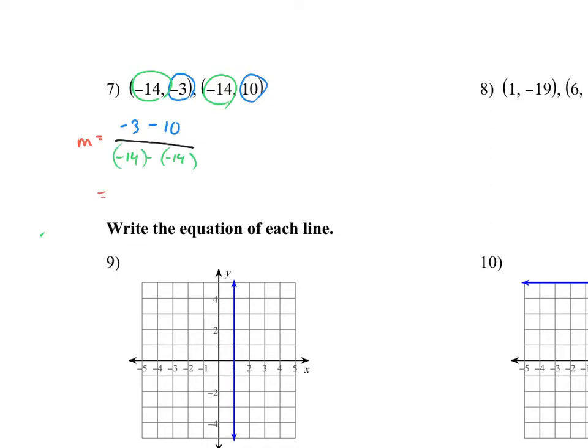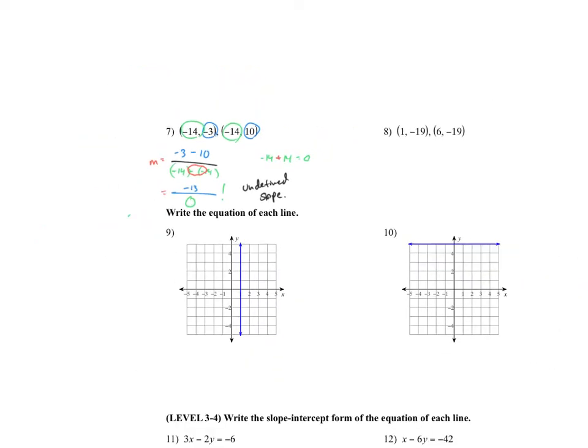If you subtract the top, you get negative 13. If you subtract the bottom, this is negative 14 minus negative, this double negative gives you plus 14, and so this should be 0. So the denominator here is 0. You can't divide by 0, so this has undefined slope. It doesn't mean it has 0 slope, it has undefined slope. It means you can't divide by 0, problem.